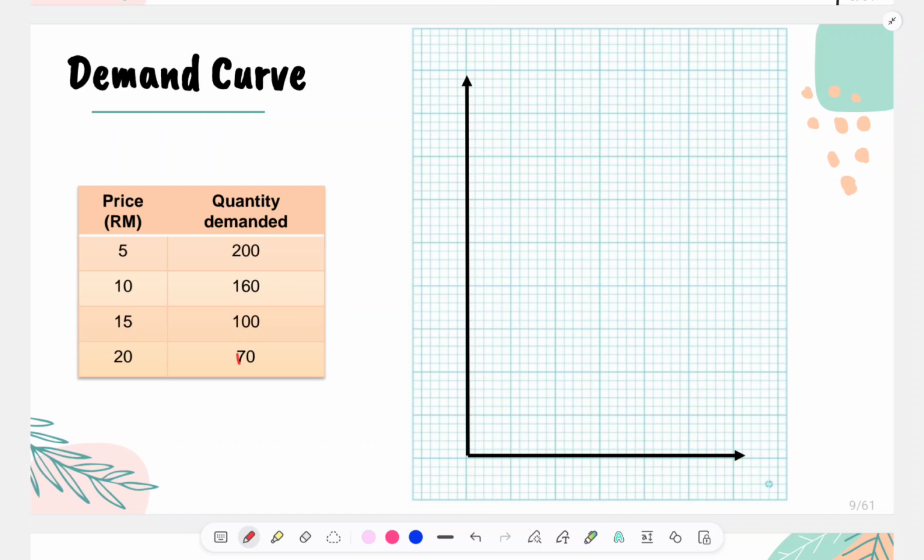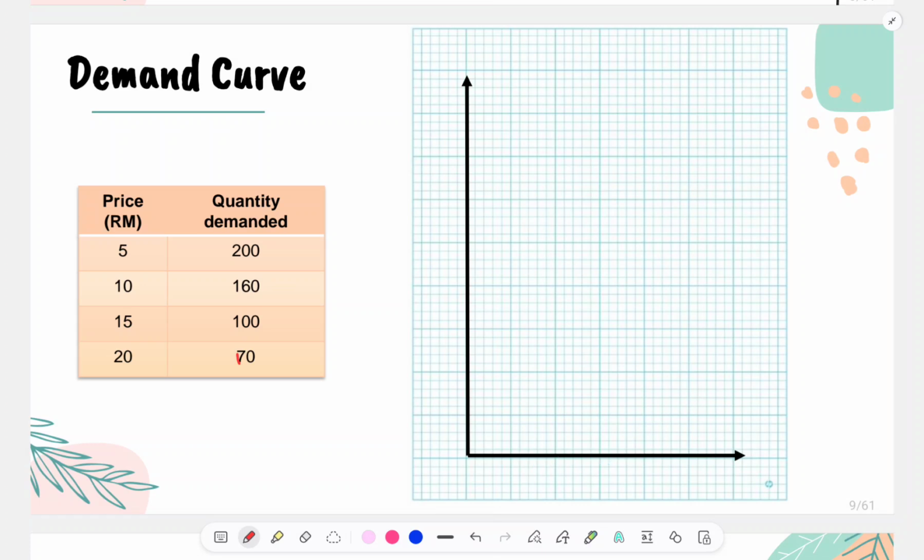You need to remember that when drawing a graph on graph paper, your scale on the x-axis and y-axis must be uniform. That means it must be consistent. The space between the numbers on the axis must be the same.